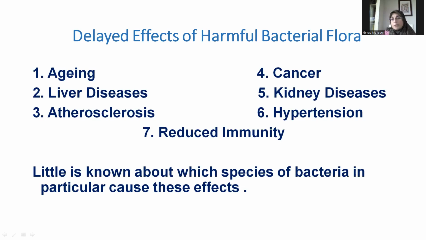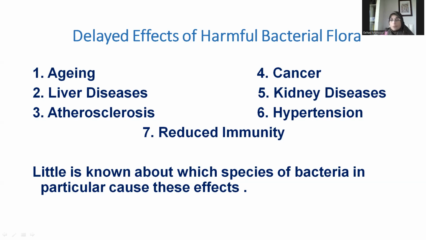You might be asking yourself, aging is a natural process that occurs to every individual at a certain age. But here we mean premature aging, meaning that you have symptoms and signs of aging or getting older or senility while you're still young. So this is one delayed effect of harmful bacterial flora.